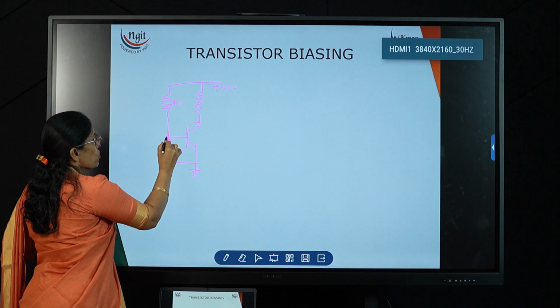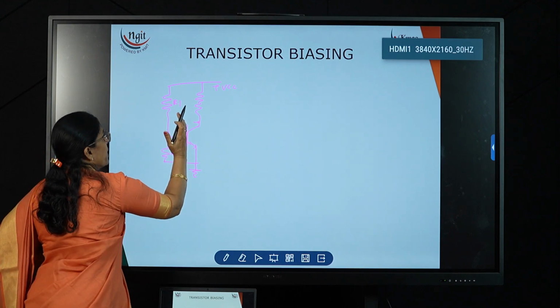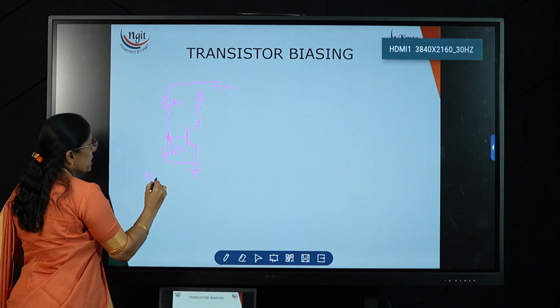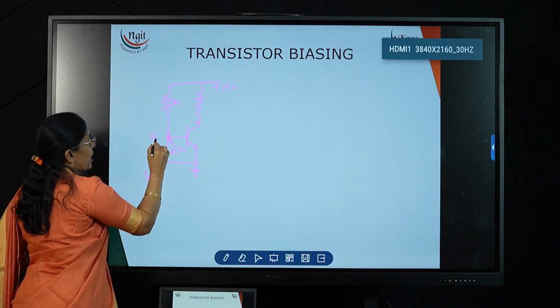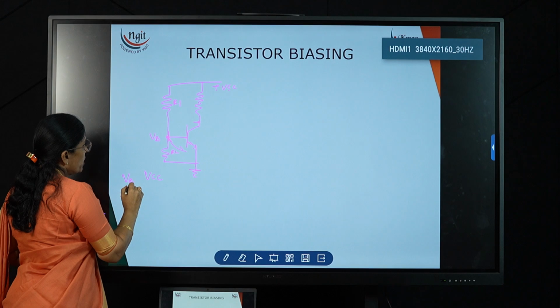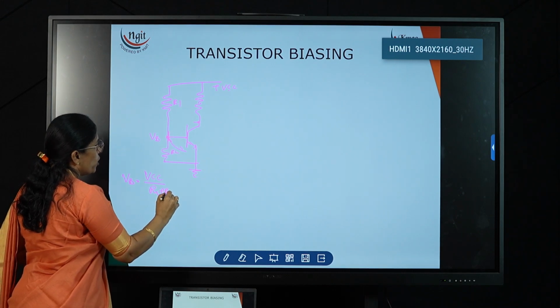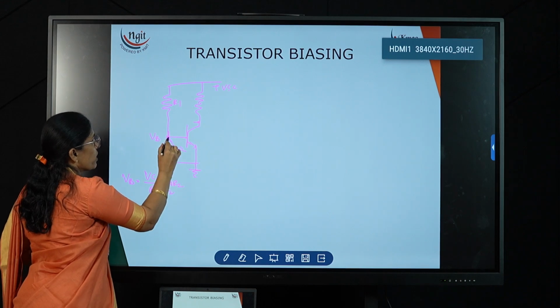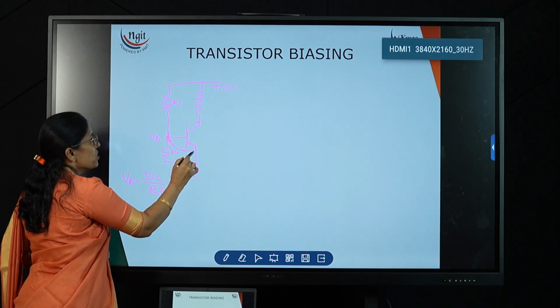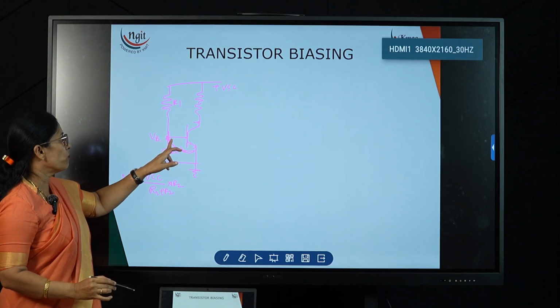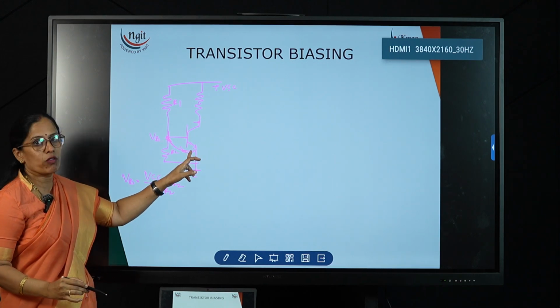This will act like a voltage divider. Whatever voltage we apply, VCC, the base voltage VB is equal to VCC divided by R1 plus R2, into R2. Whatever voltage comes makes this junction on. We have to choose the resistors such that this voltage always keeps this junction on.